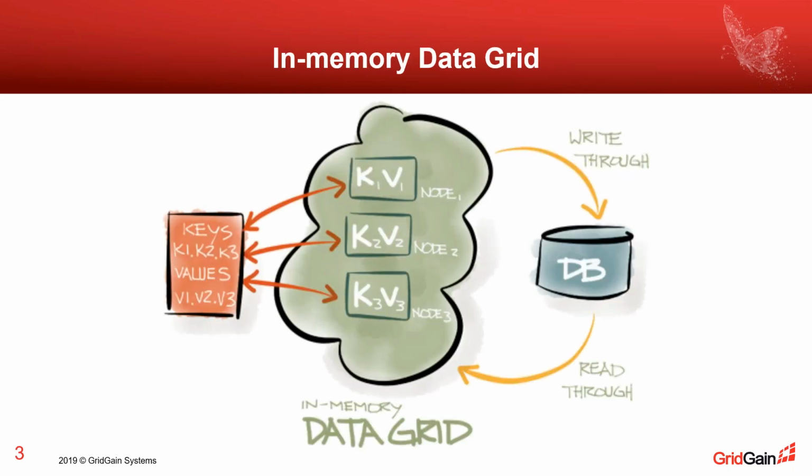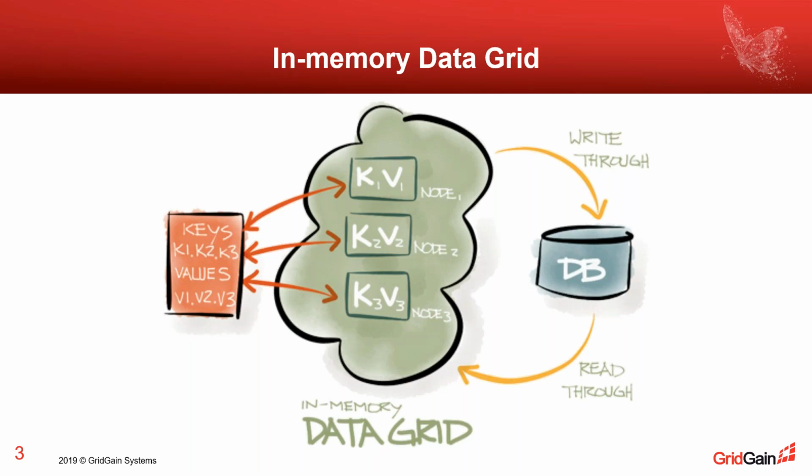First of all, I think most of you already know it, but what is an in-memory data grid? The quick description from my side is it's a distributed cache with brains. It allows you to store data in memory, and storing in memory means speed of accessing your data and low latency.